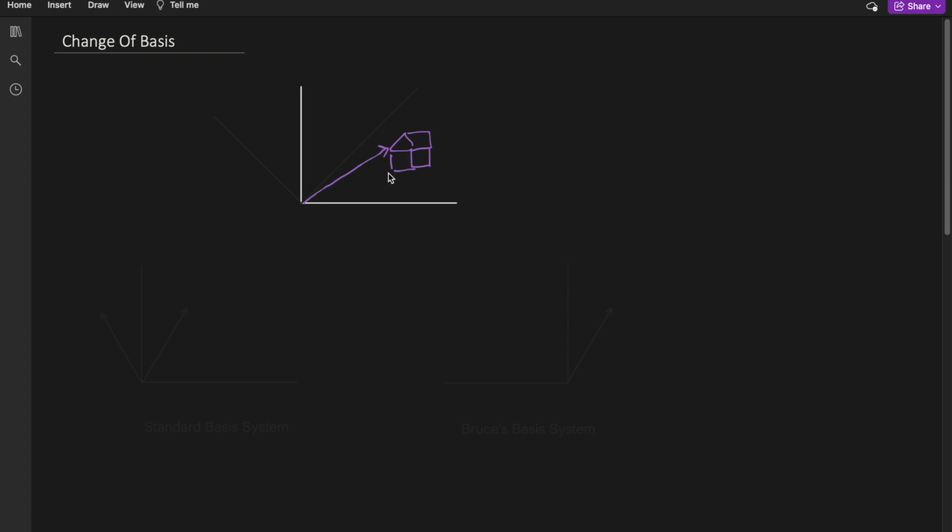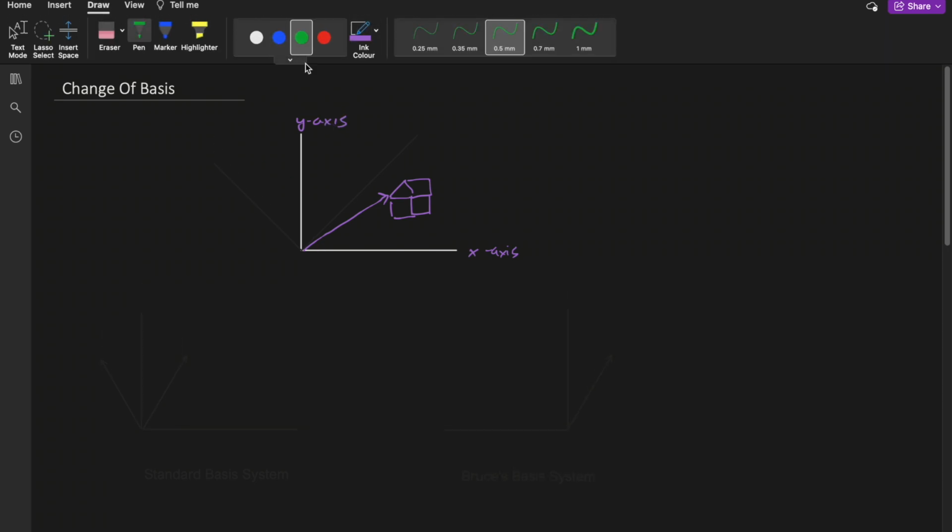All right. Now let us suppose you use the standard XY system. This is the x-axis, and this is the y-axis. And here are your standard basis vectors. So this is i hat, and this is j hat.